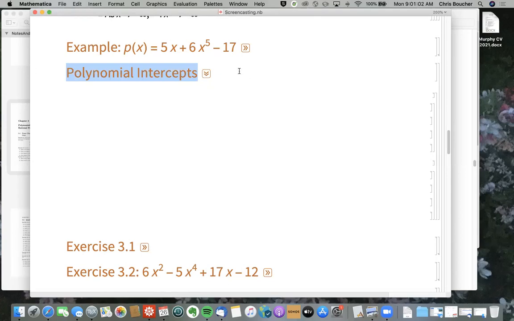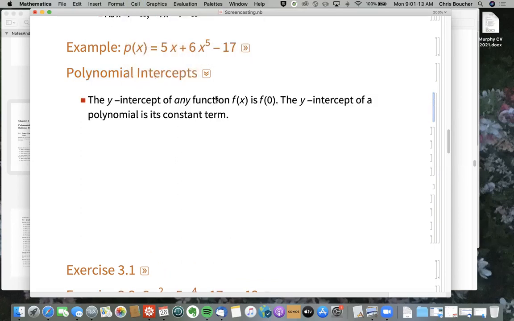So polynomial intercepts. The graph of a function has two kinds of intercepts, a y-intercept and x-intercepts. The y-intercept is by far the simpler of the two. The y-intercept of any function, whether it's a polynomial or anything else, is just the function value at 0.